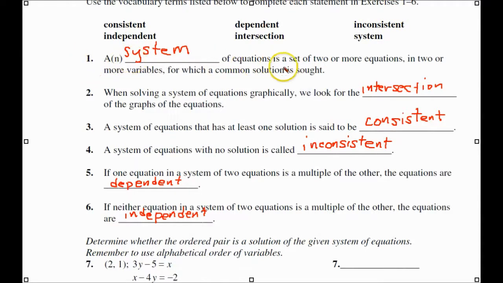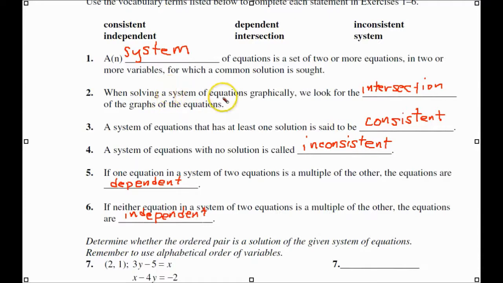So a system of equations is a set of two or more equations in which two or more variables for which a common solution is sought. So we had three cases: one solution, no solutions, infinite number of solutions.